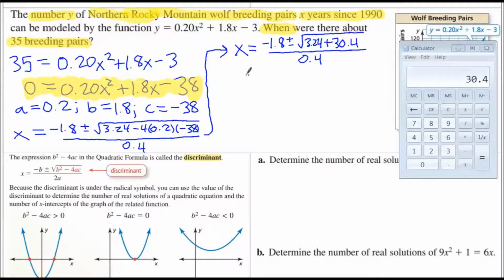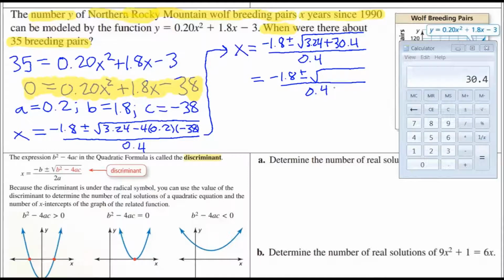Okay, so now just make this a little simpler. I don't have to write x over here every single time. I know it's going to be x, but we'll keep this -1 and 8/10 plus or minus square root, and then over 4/10.